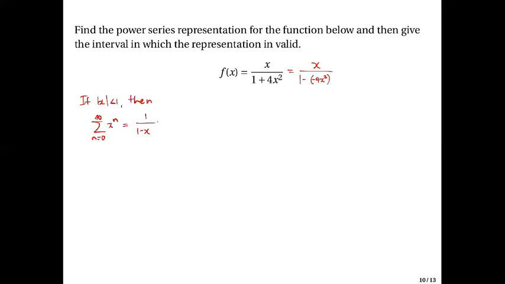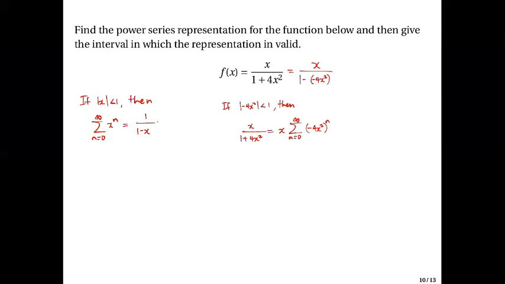So, if the absolute value of negative 4x squared is less than 1, then x over 1 plus 4x squared is equal to x times the series n from 0 to plus infinity of negative 4x squared raised to n.